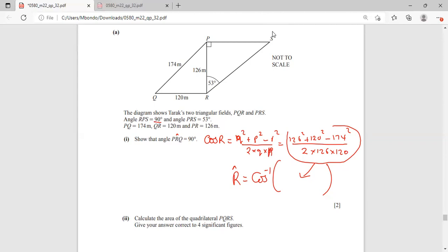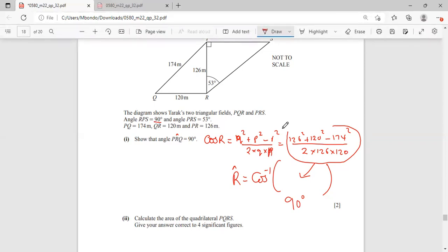Yeah, so when you do that, this is actually going to be 90 degrees. You can do it in bits. That will actually be 90 degrees.